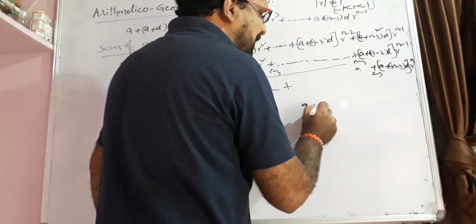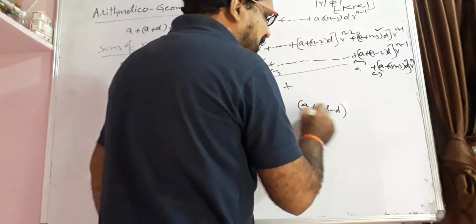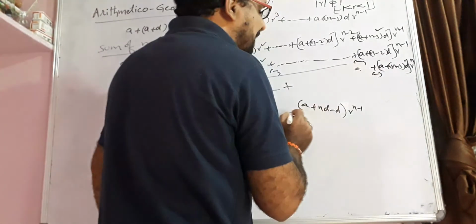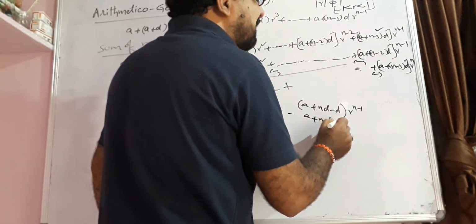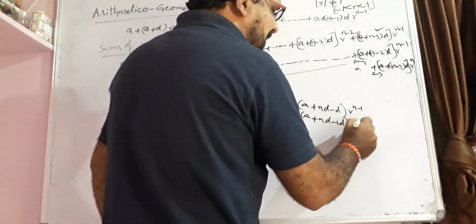So a plus nd minus d into r power n minus 1, nothing but here denominator minus a plus nd minus 2d into r power n minus 1.